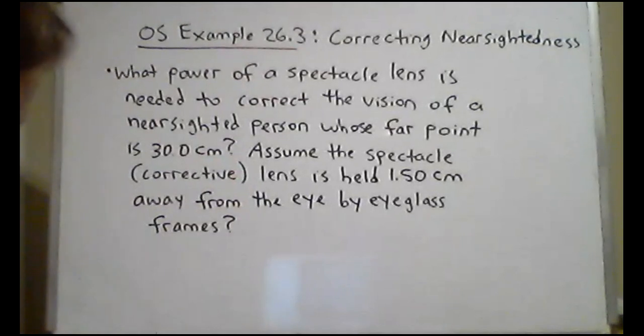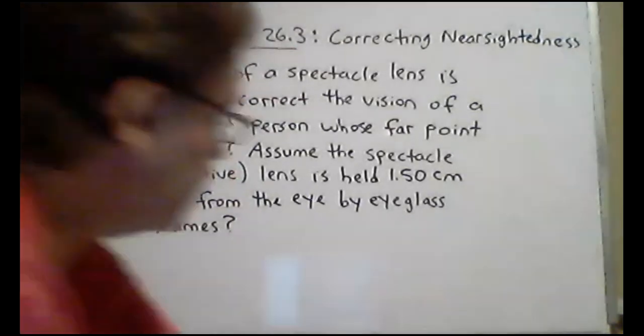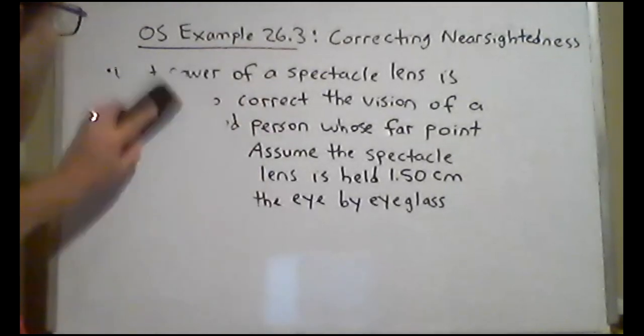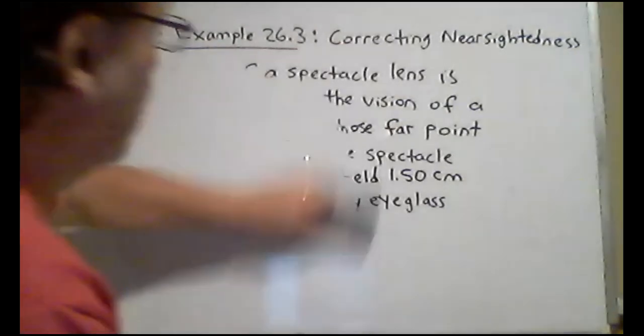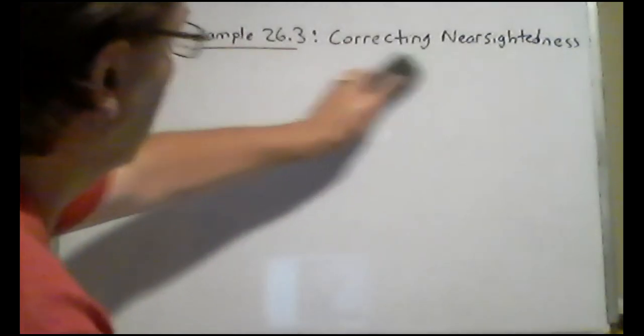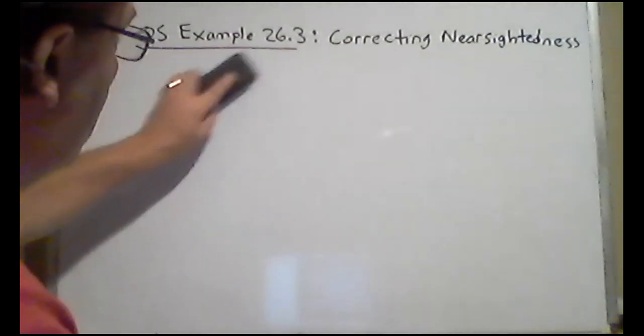Okay, so how do you do this? Remember this information here: the 30 centimeter far point is what we have to go by. So what do we do?